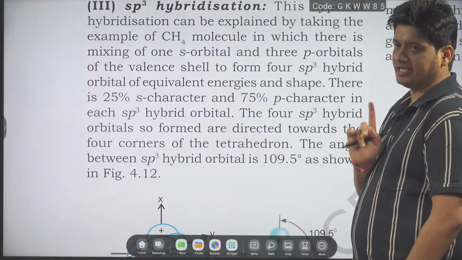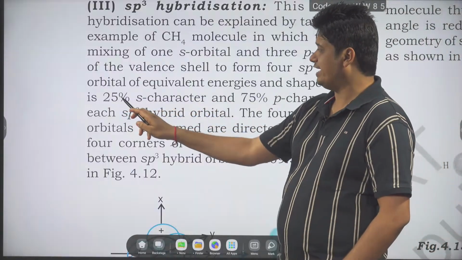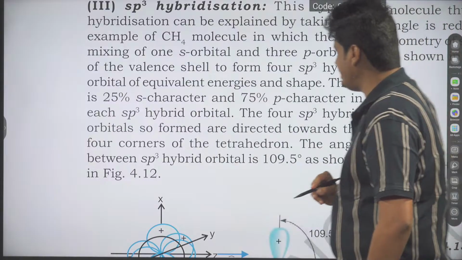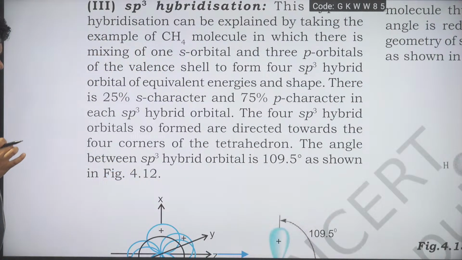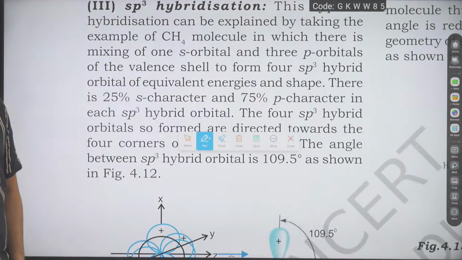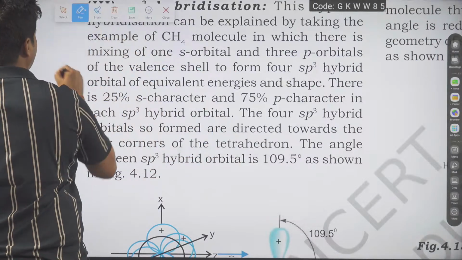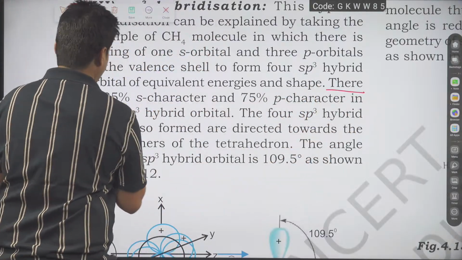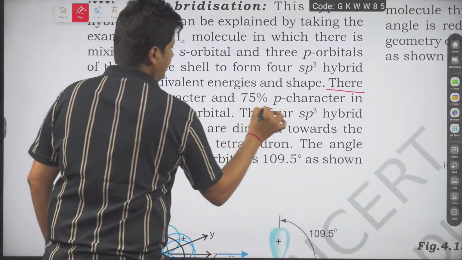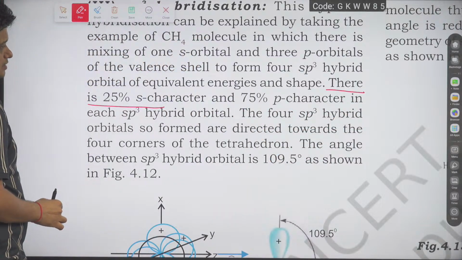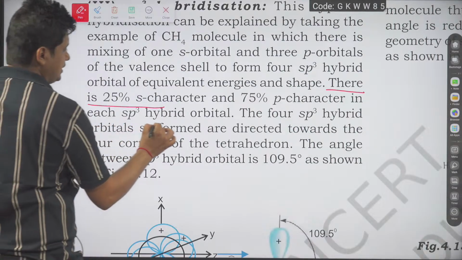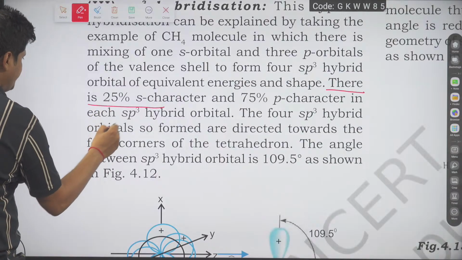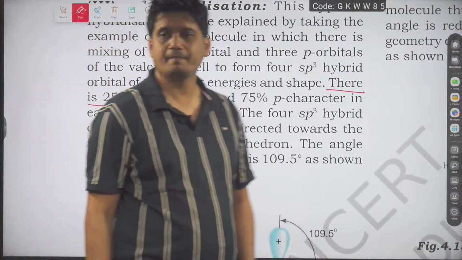This line is very important: there is 25% S character and 75% P character in each sp3 hybrid orbital. What is the important part here? Each sp3. This is important.